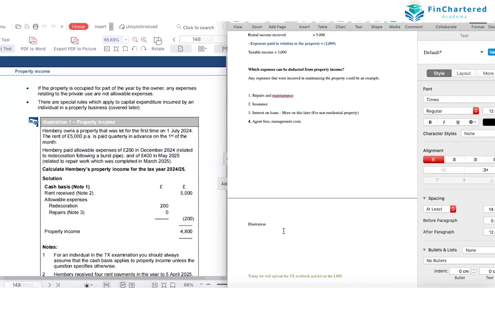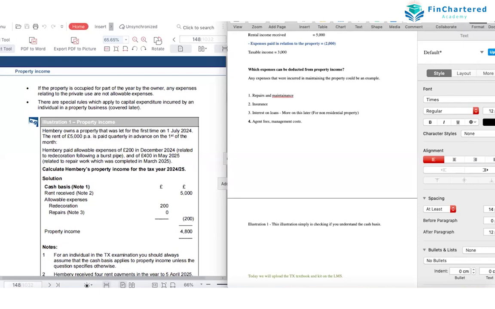Now, this illustration is simply checking if you understand the cash basis, nothing else.